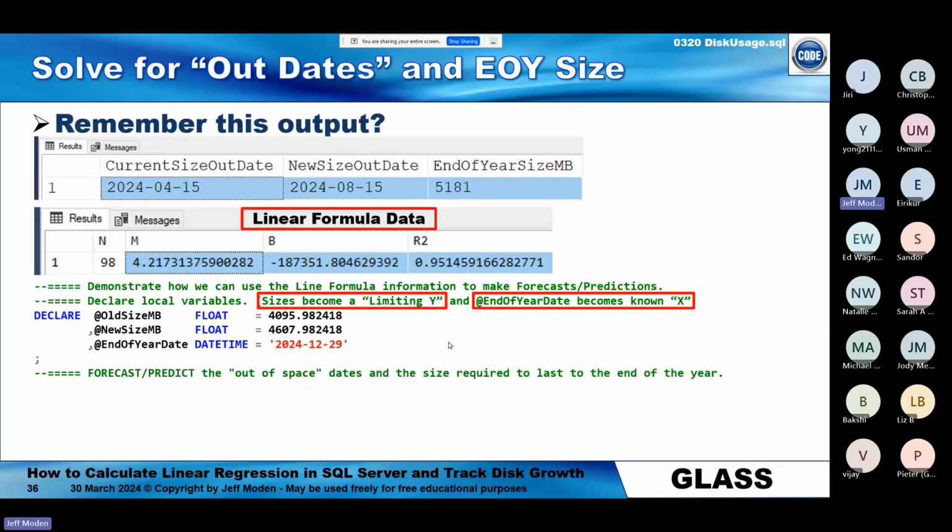And then we wanted to predict the out of space dates. Okay, so the out of space date for the old size is real easy. We take our old size and we're going to use that as a limit for y in that y minus b divided by m formula. And that's what this line represents, is the y minus b divided by m formula.